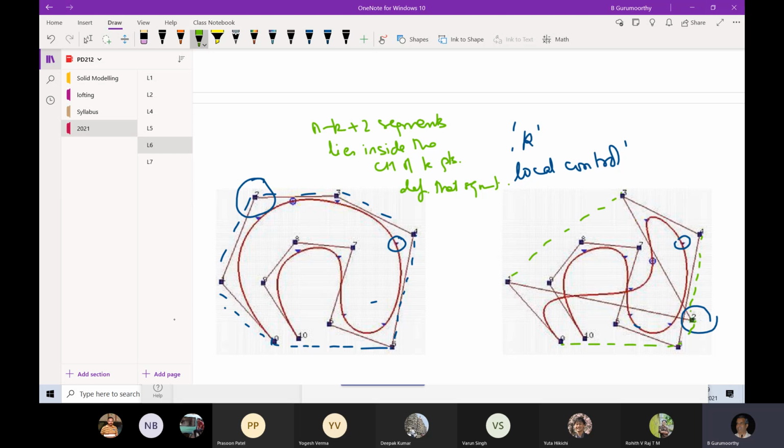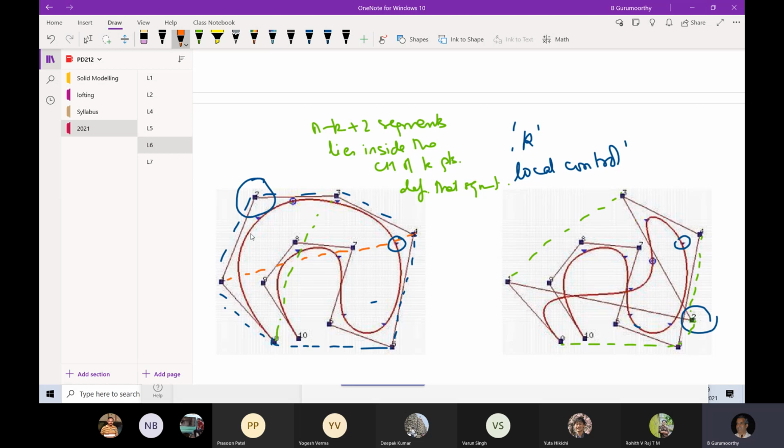So k was 4 here. The first 4 points are 1, 2, 3, and 4, and that's the first segment. So this is the first segment, and it lies inside this convex hull. Then the second segment will be defined by the next 4 points, and so that segment will lie inside this control polygon. And where is that segment? There.